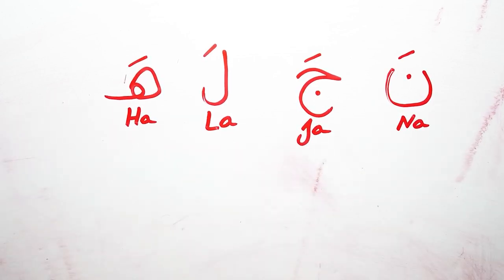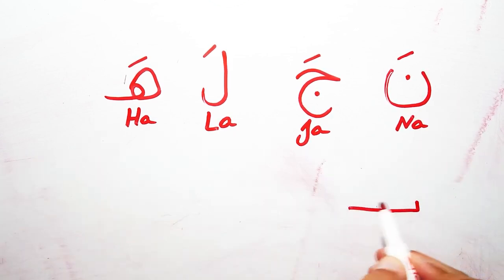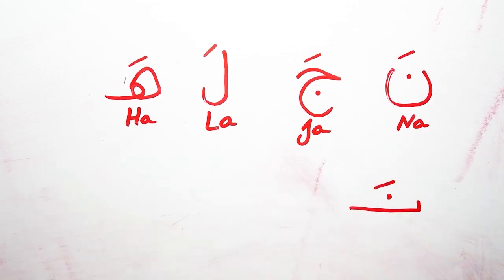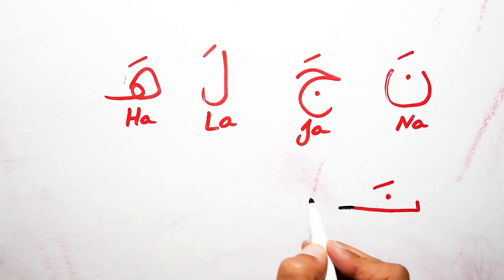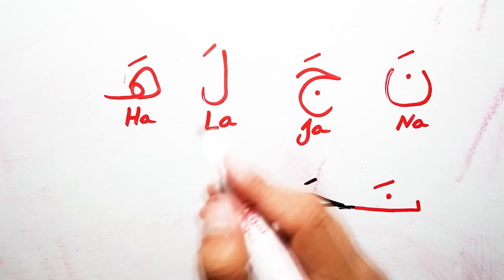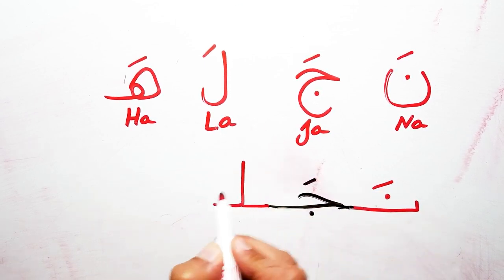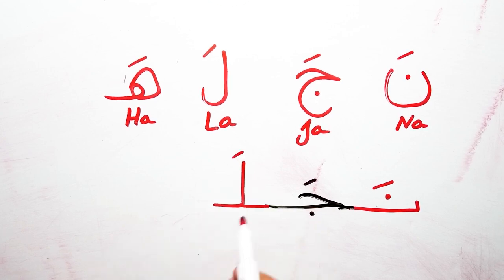Okay, finally, let's connect all of them together. Ne in the beginning of the word, ne. Je in the middle of the word, je. Le in the middle of the word because I connect it to another letter, le.